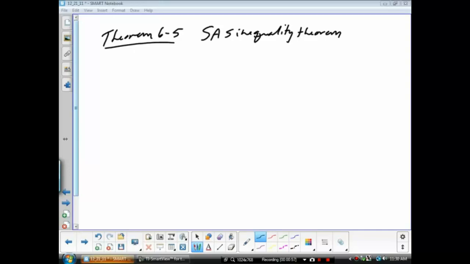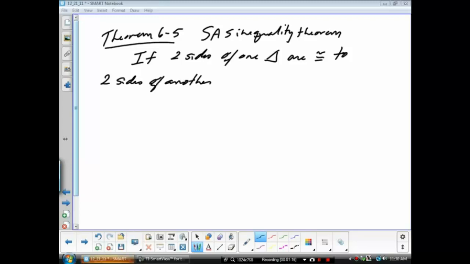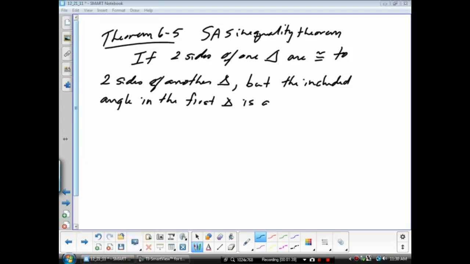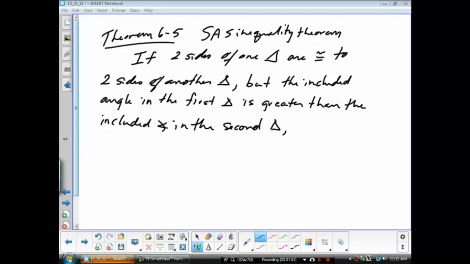So, if two sides of one triangle are congruent to two sides of another triangle, but the included angle in the first triangle is greater than the included angle in the second triangle, then the third side of the first triangle will be longer than the third side of the second triangle.